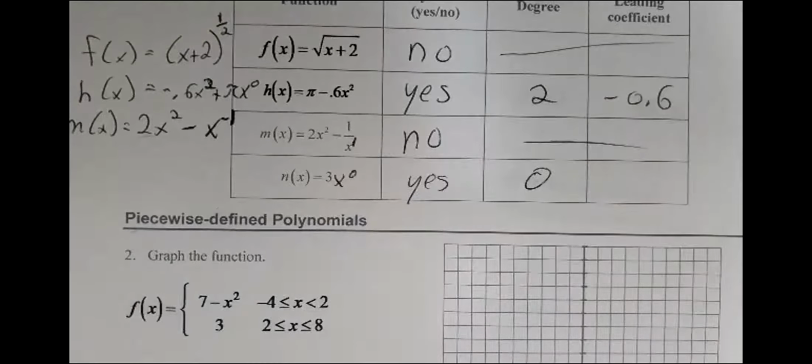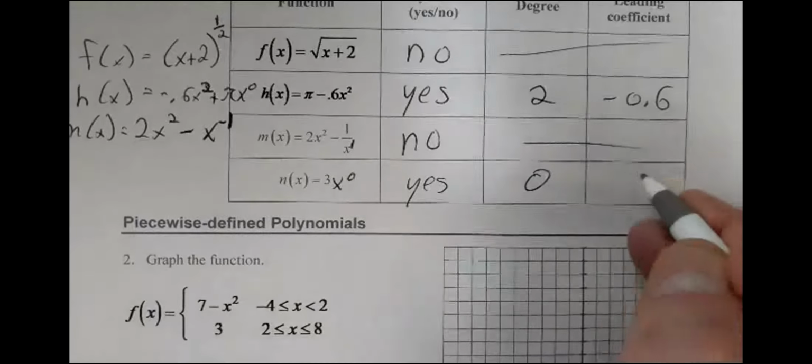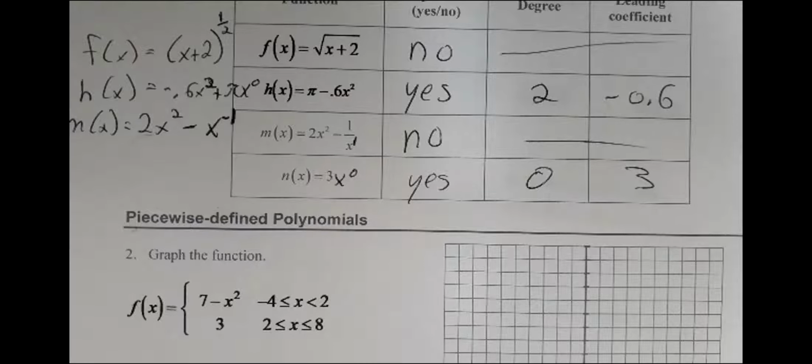What did I see there? Is 0. Okay. And the leading coefficient is the thing in front of the variable, which is the 3. Okay.